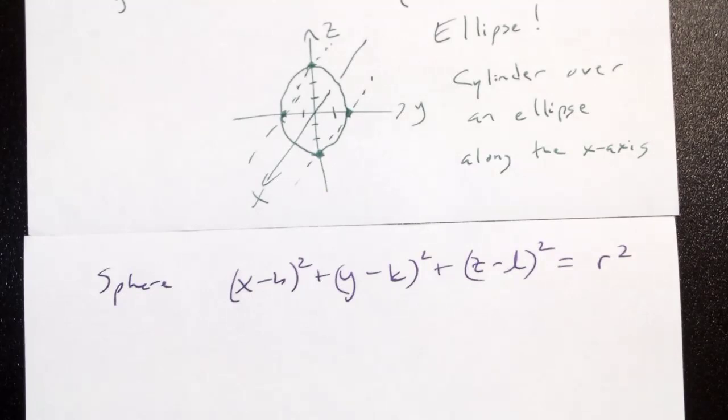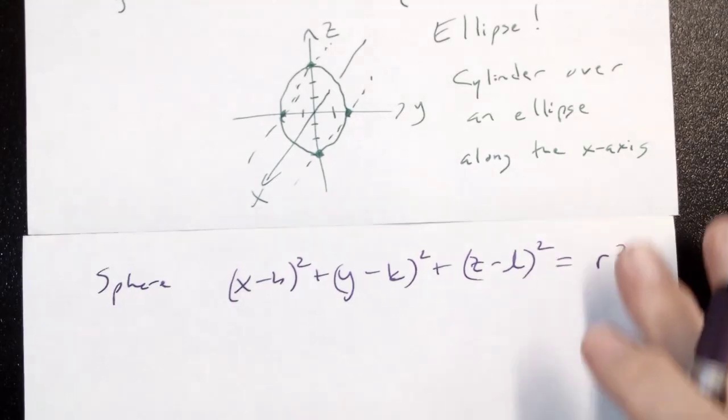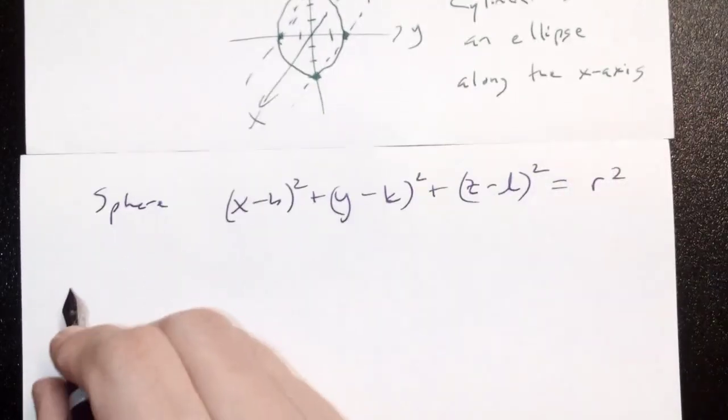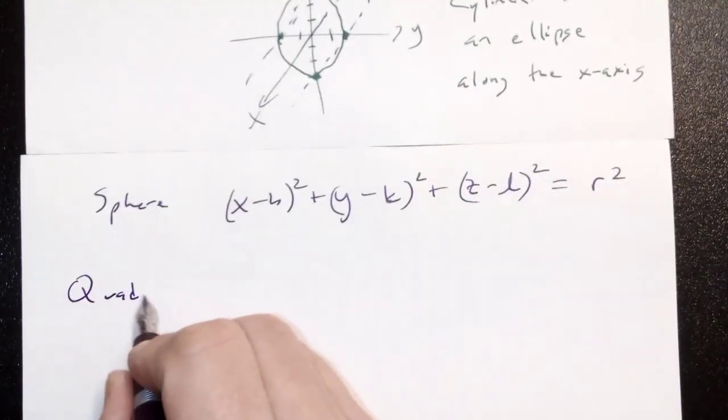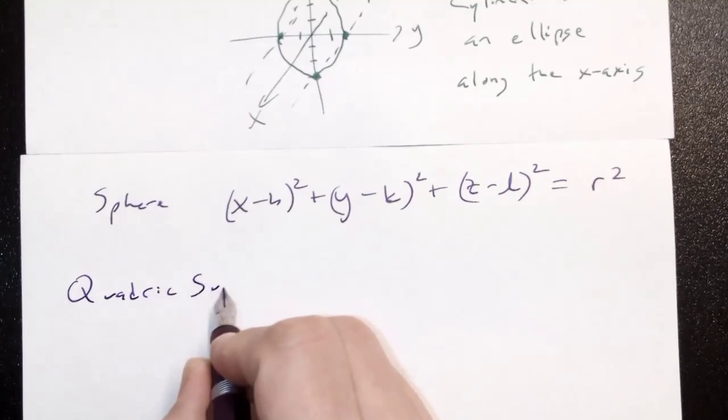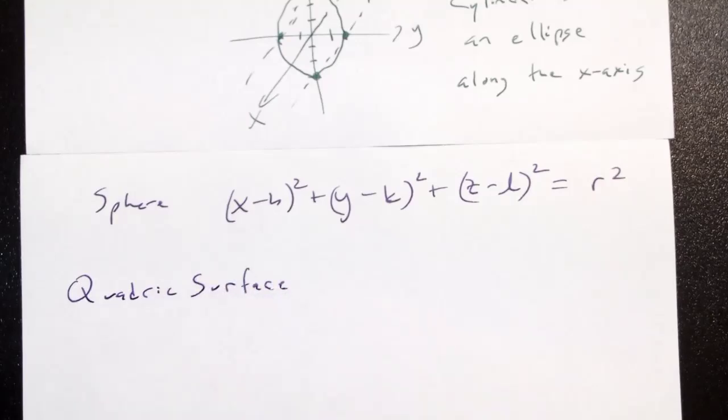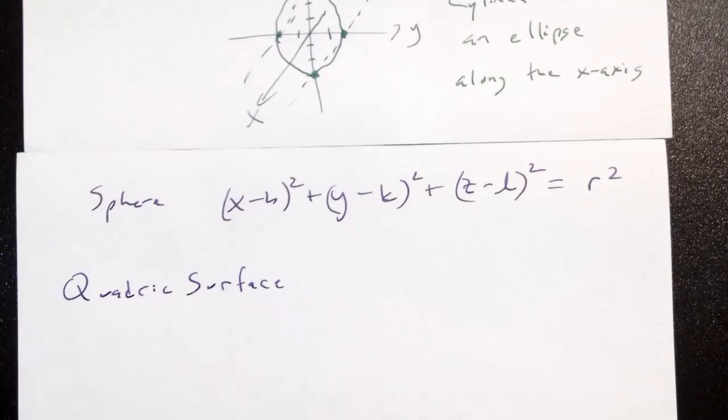Because this is a degree 2 equation, and it describes a surface in 3D, we're going to call a quadric surface any surface that is defined by quadratic equations in variables. Now, the problem is that means I can have lots of quadratic combinations.